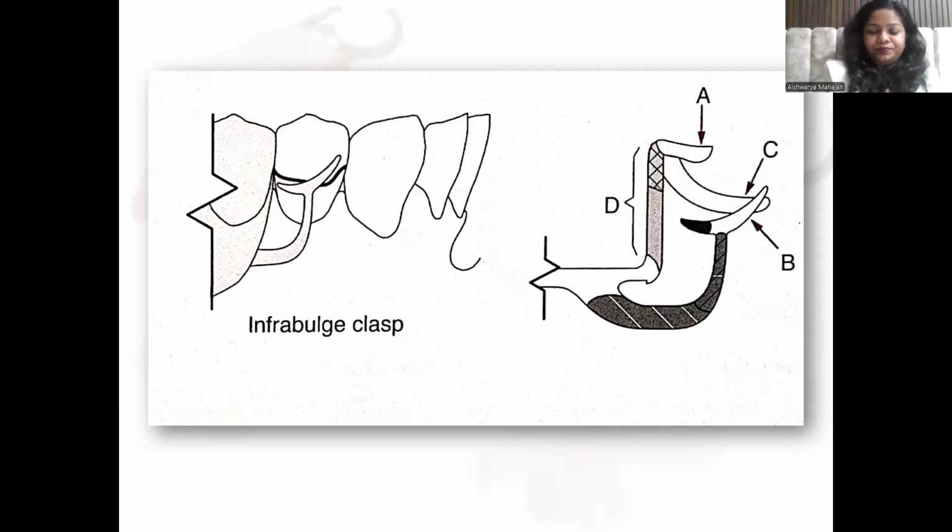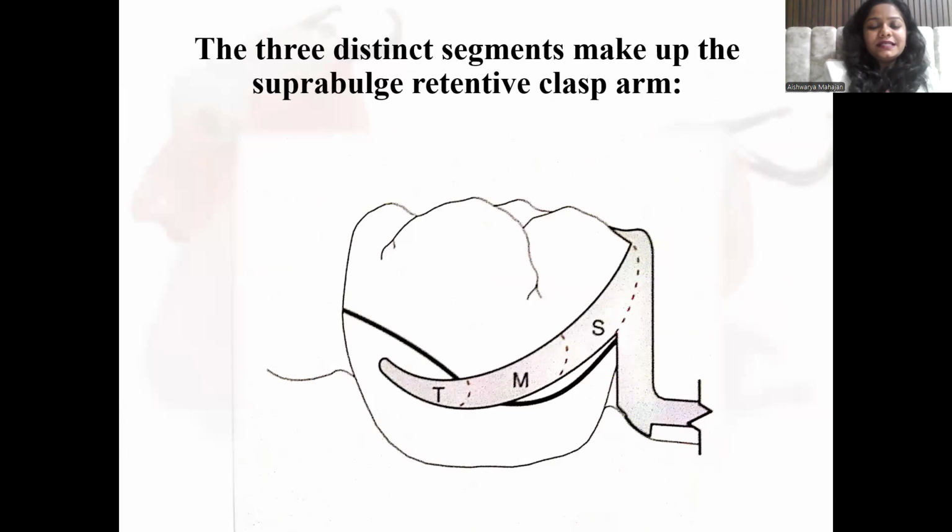Three distinct segments make up a suprabulge retentive clasp. The first part is the shoulder. This originates from the minor connector and projects across the axial surface of the abutment.